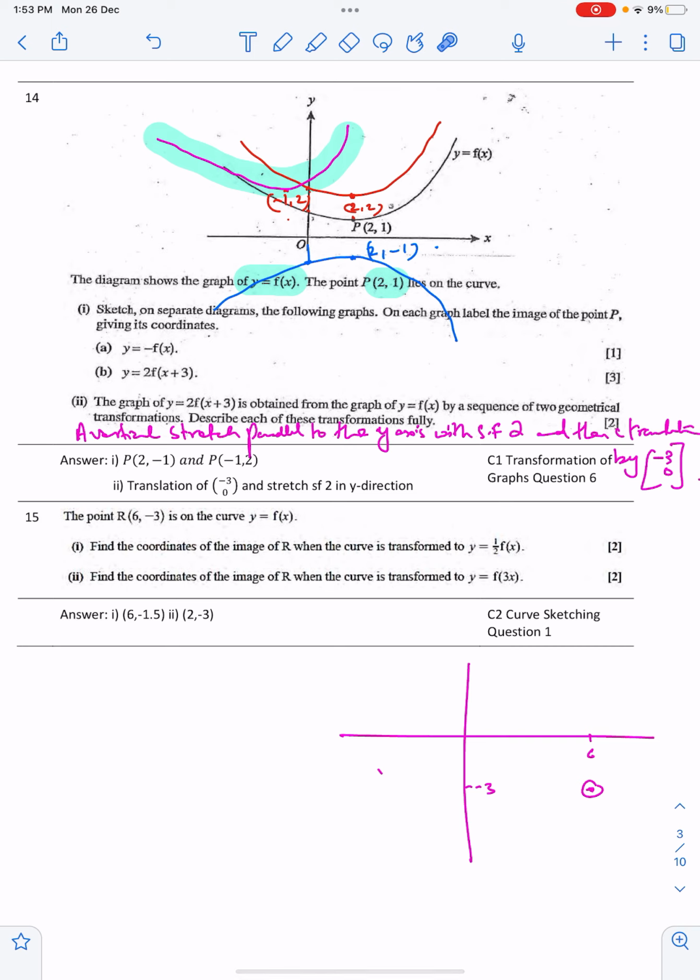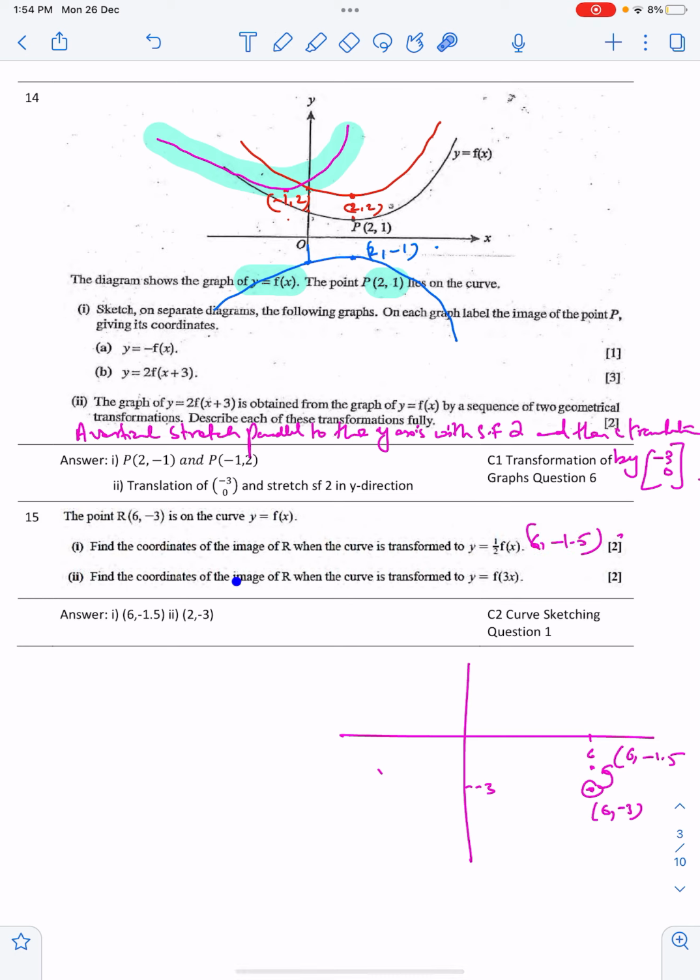That means whatever is the distance from the x axis will be halved. So this point, which was (6, -3), is going to go on to (6, -1.5). So you can write down that the point (6, -3) will go on to (6, -1.5). So this is the answer for the first part.